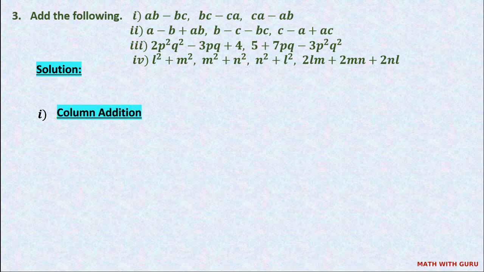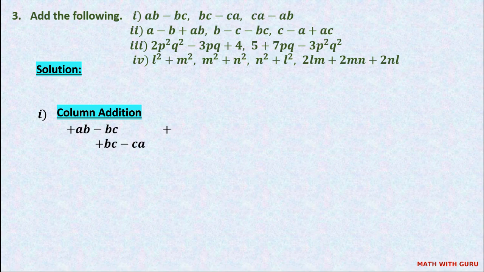In column addition, let us write down the first expression, first polynomial, plus AB minus BC. Now we need to write BC minus CA such that the like terms come one below the other. Plus BC, minus CA, minus BC and plus BC are in a single column.